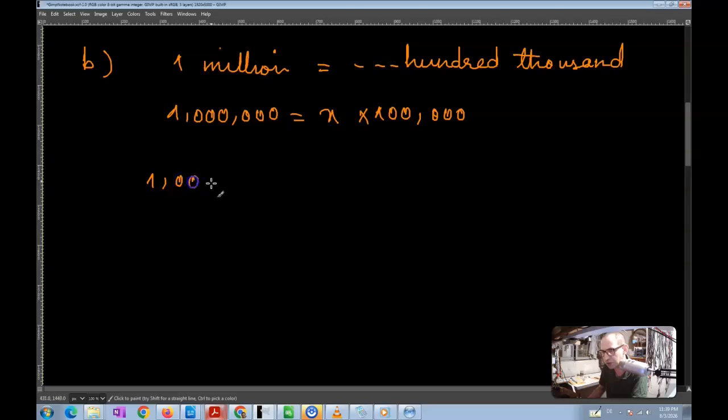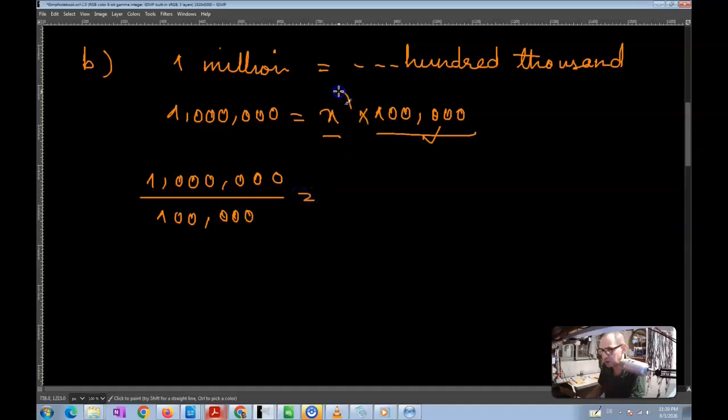So I take the number that is alone on one side of the equation, which is 1 million, and then I divide it by, I can divide by x, I can divide by this number. And we saw that when you divide by x, you're not going to be able to do anything with that expression. So I'm going to divide by this, which is 100,000.